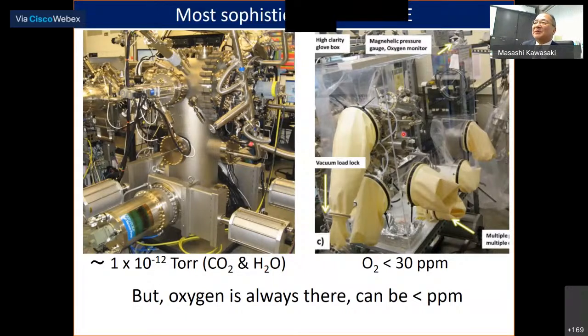To avoid oxygen contamination, the loading chamber is capped with a glove box filled with argon, but it still has 30 ppm oxygen. So you will never be able to avoid oxygen in gallium arsenide. Very pure gallium arsenide thin films tend to have, roughly speaking, sub-ppm, but never cleaner.